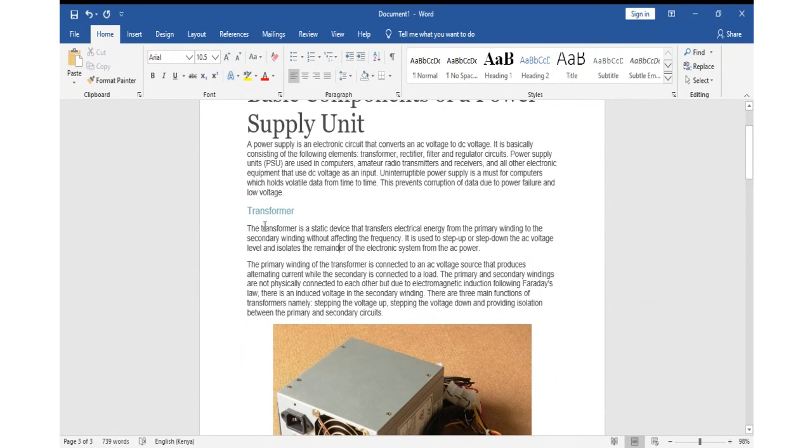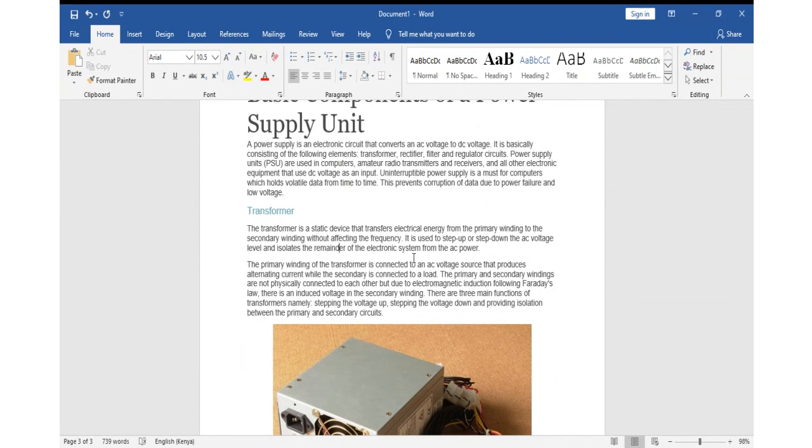What if you hear in your estate that the transformer has broken? What happens? Now, the transformer is a static device that transfers electric energy from the primary winding to the secondary winding, affecting the frequency. It steps up or steps down the AC voltage levels, and isolates the remainder of the electronic system from the AC power.